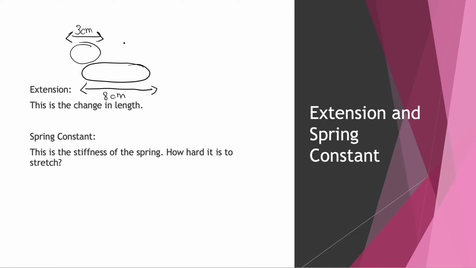Then the difference would be 5 centimeters, and this is the extension. This is what I've drawn here, the extension of the rubber band, of how much we've stretched it from the original shape. The spring constant is the stiffness of the spring, and this is how hard it is to stretch. So some springs are harder to stretch than others.